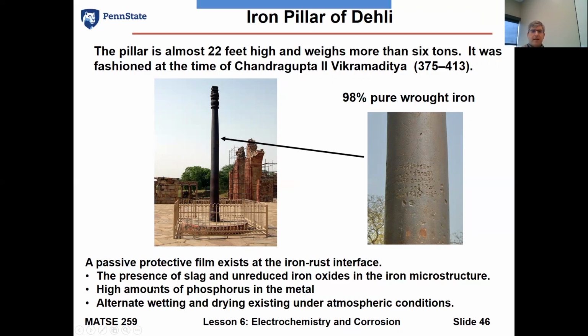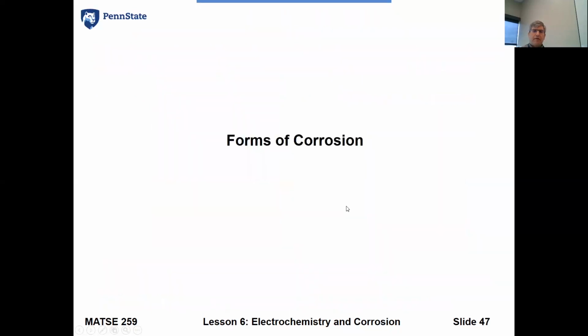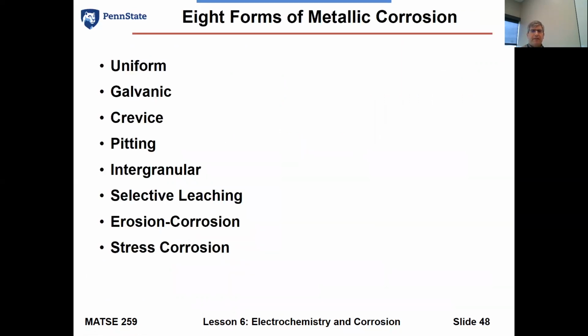And so the pillar has been able to withstand that. Part of it was a little luck of the chemistry, but it was the formation of this passive film. So we see this passive film as being important, and we see some industrial applications and some historical applications. Now let's step back and look at how many different types of corrosion there are.